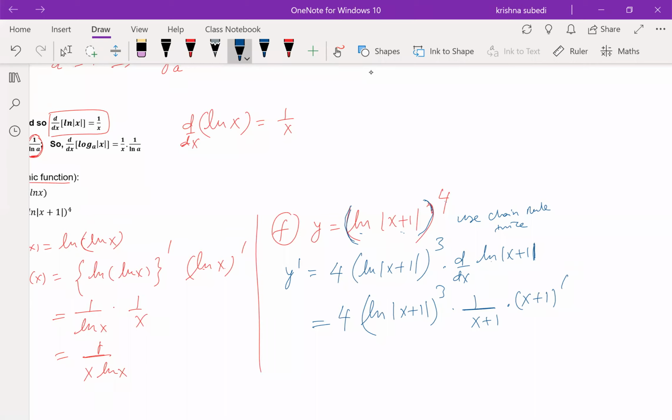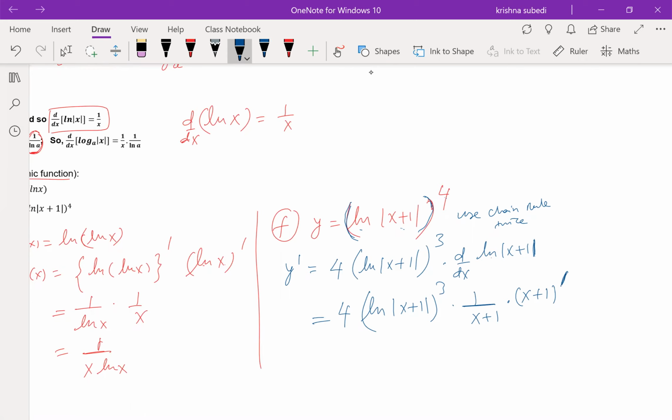Remember, for the derivative I'm using this slanting symbol, prime: x plus 1 prime. So then this will be 4 over x plus 1 times ln of x plus 1 to the power 3. The derivative of x plus 1 is simply 1, so I don't have to write that down. Any questions, guys, so far?